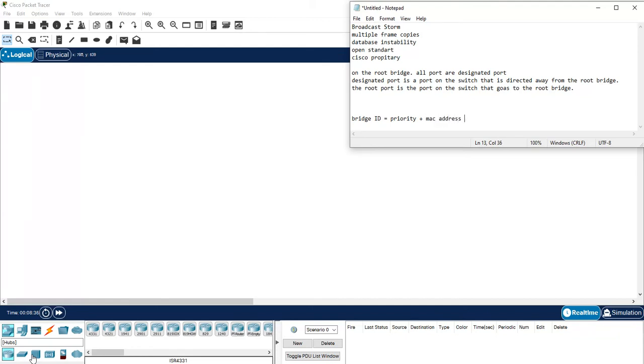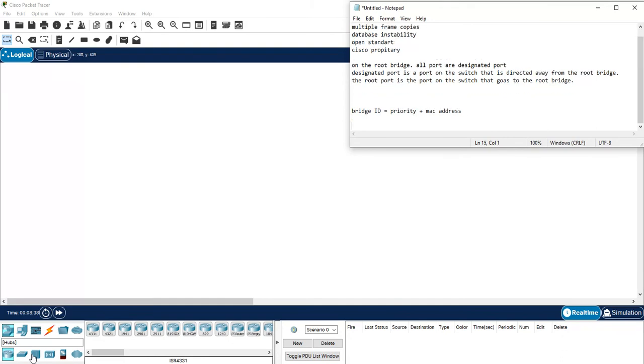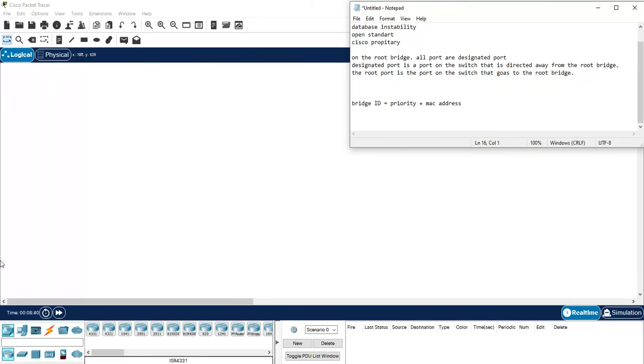In one LAN there is only one switch as root bridge.